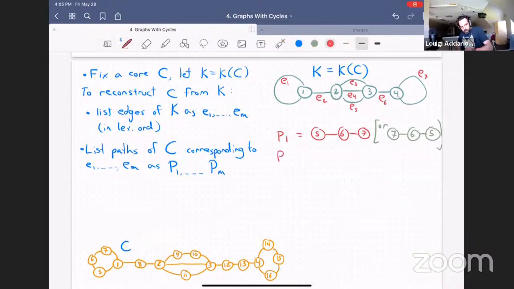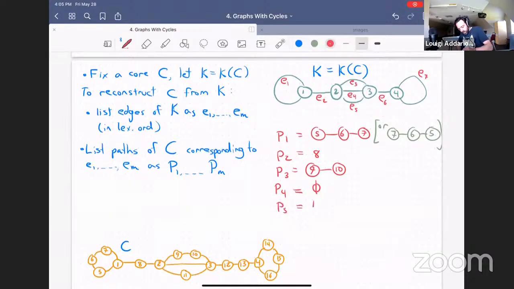Anyway, P2 is just the vertex 8. That's what happens on that edge. P3 is the path 9, 10. P4, there's no need for a path because the edge doesn't get subdivided in the core. It's just an empty path.